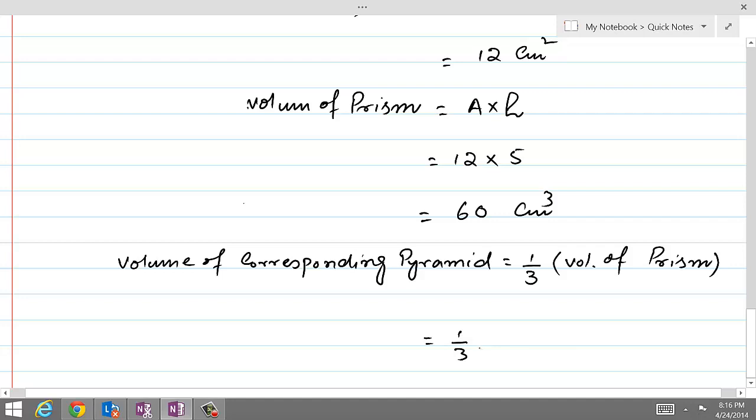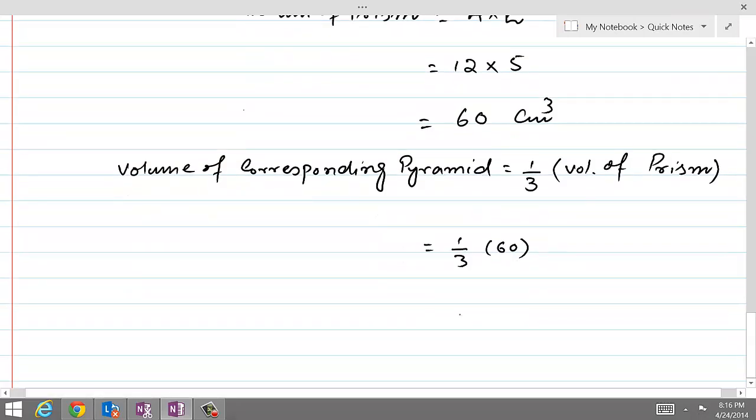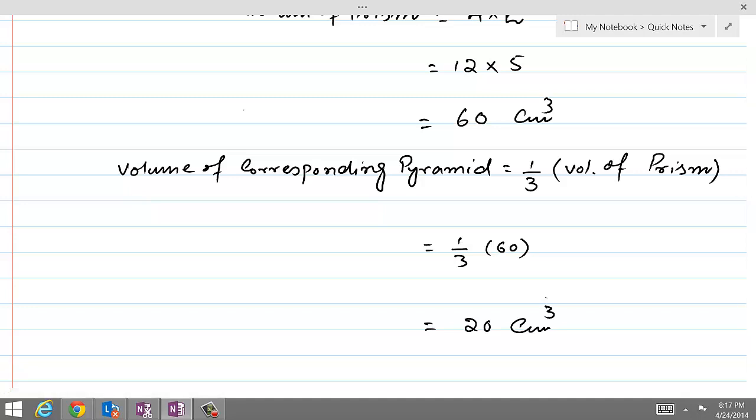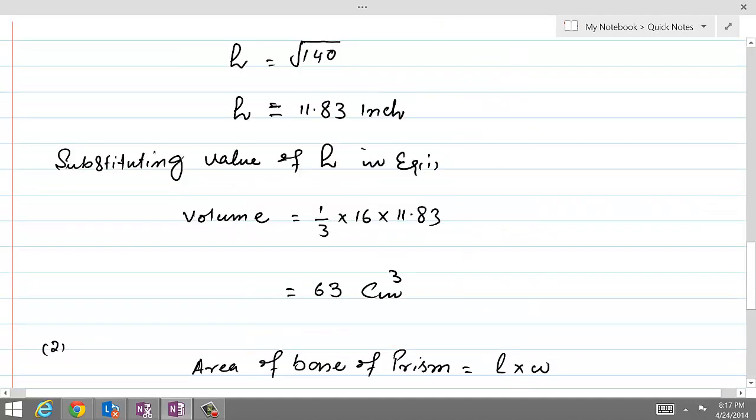That was 60. So this must be equal to 20 cubic centimeters. That's how easy it is to find the volume of a right pyramid if we know the volume of the right prism. So now let's do question number 3.